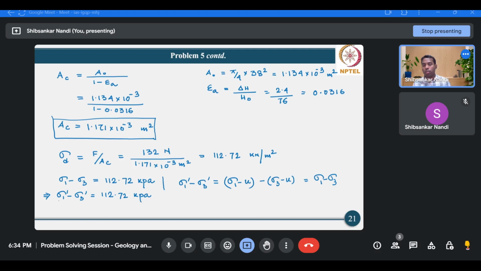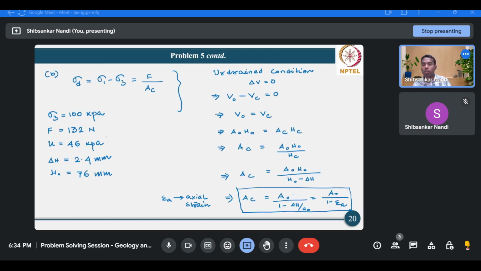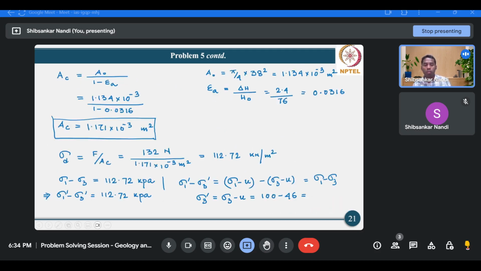So therefore sigma 1 prime minus sigma 3 prime would be 112.72. And what is the value of sigma 3 prime for this problem? This is sigma 3 minus mu, that is 100 minus 46, because U value is given as 46 and sigma 3 value is 100. So 54 kPa.